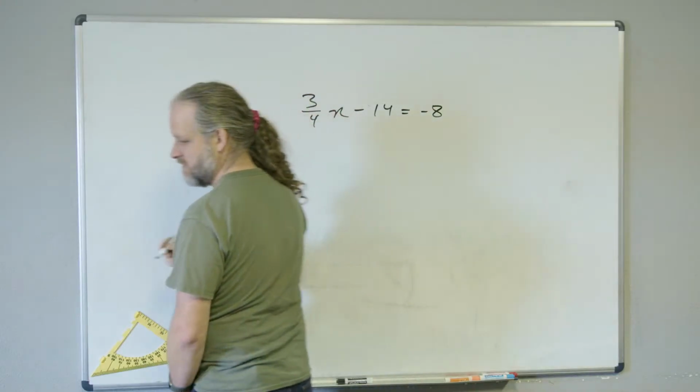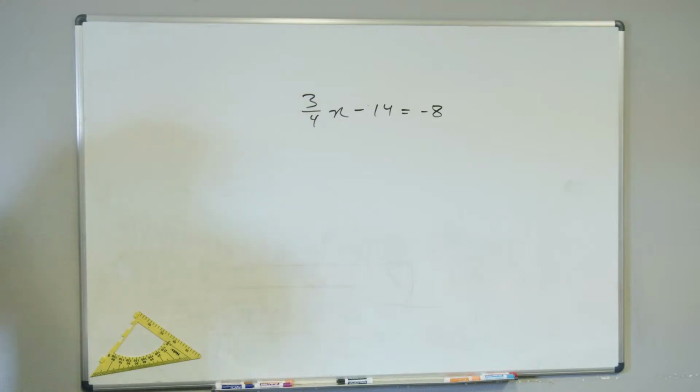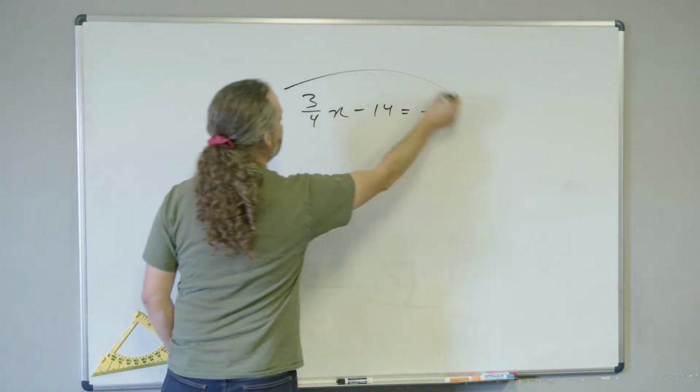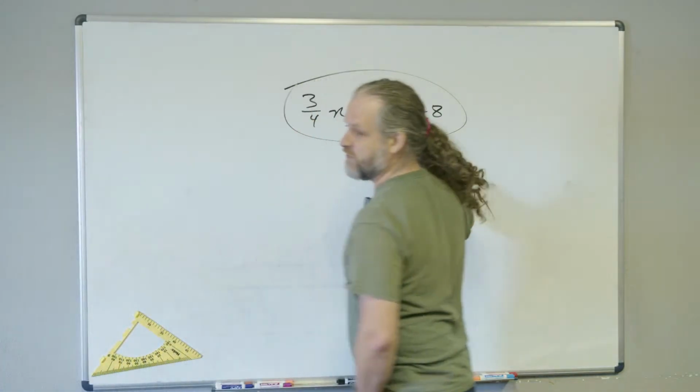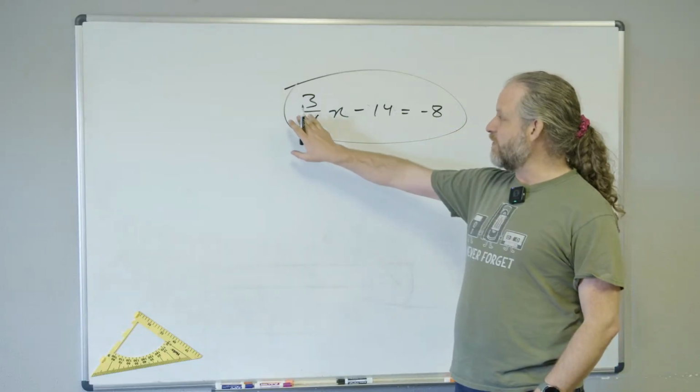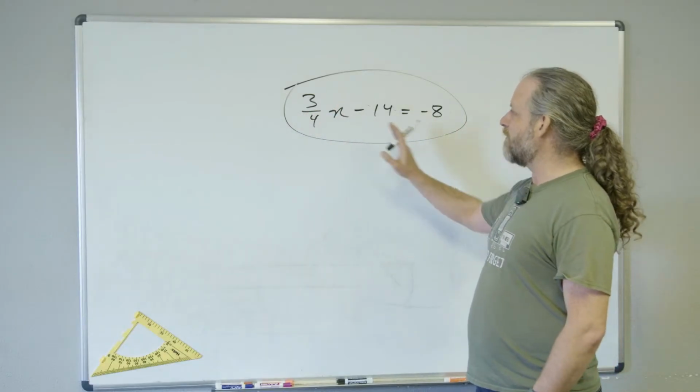This is 24, right? So that's part of the answer, right? Now what? Remember it's going to be easier to get rid of the addition and subtraction first. Because if we do the reciprocal, then we have to multiply everything, and we end up with some weird fractions.